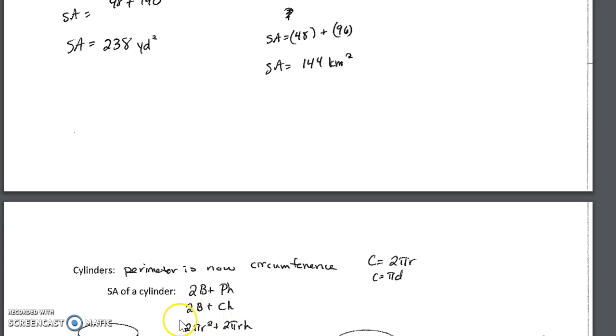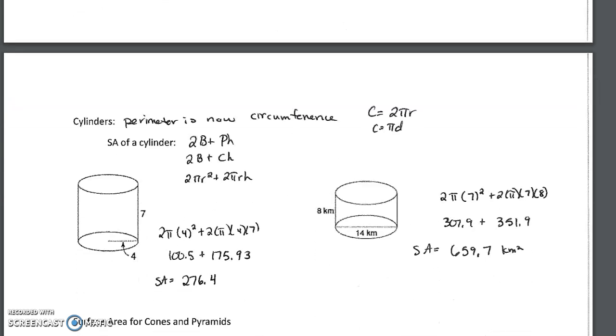And even easier than that, you can change the formula to be this: 2 pi radius squared plus 2 pi rh. You don't actually have to do any extra calculations. The r's stand for radius and the h stands for height. So to do a cylinder, you just need two things: radius and height, which should be pretty easy. All right, so let's look at those.